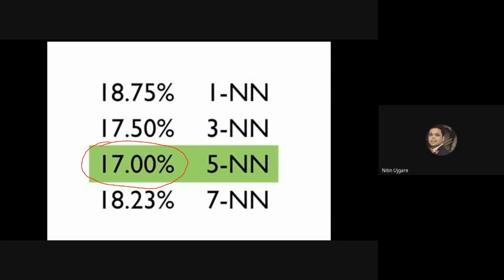Now looking at all these figures, we can easily identify that the cross validation error for the 5 nearest neighbor classification algorithm is the lowest, right? So finally we come to a conclusion that, as the cross validation error for the 5 nearest neighbor algorithm is the lowest, we select the 5 nearest neighbor classification algorithm.